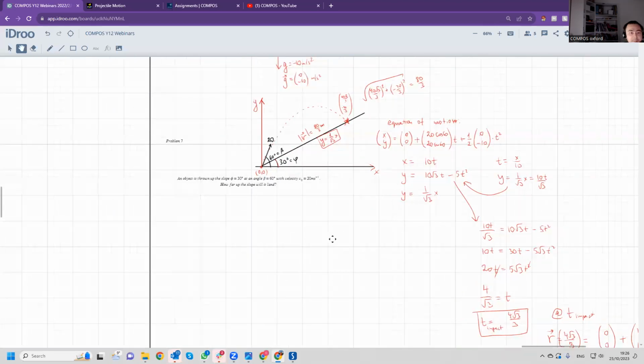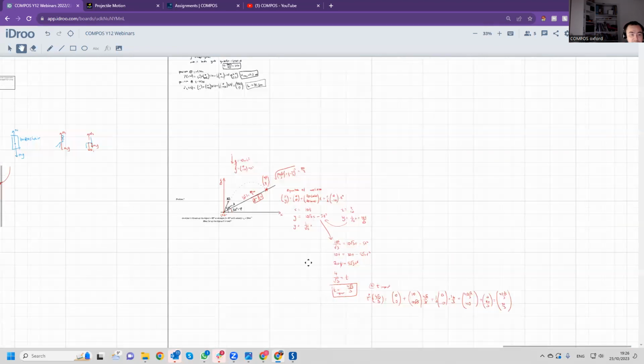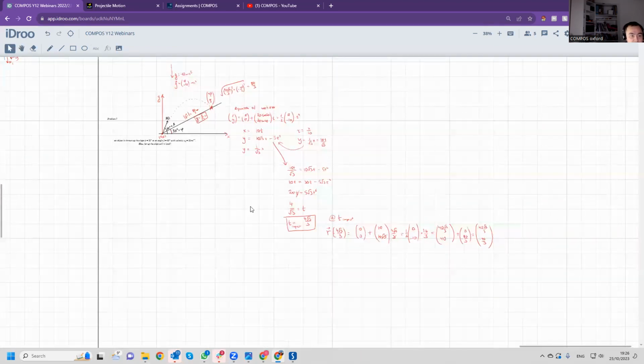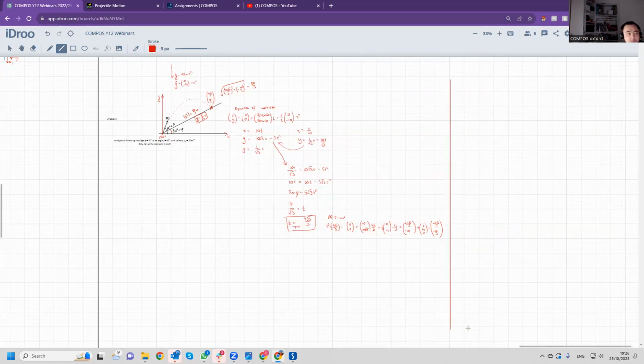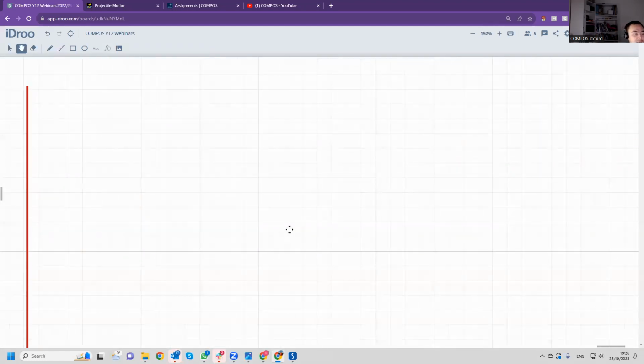I mean, you could use a different method here. You could say, well, let's go into the frame of reference of the slope. So how I would do it here: this is the slope, and this will be my x-axis.